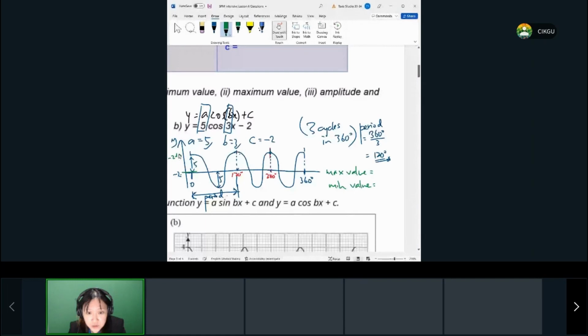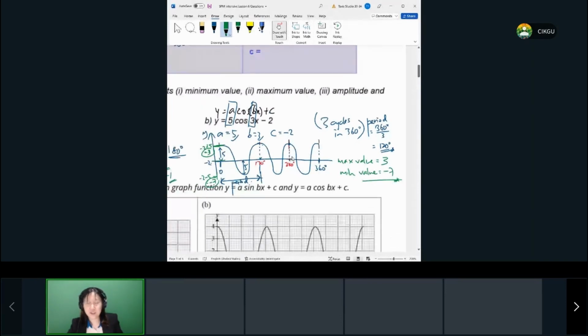You should get 3. That means the maximum value here has to be 3. Minimum value, same. From the middle value of -2, you go down by 5. That means -2 minus 5. You should get -7. Done.